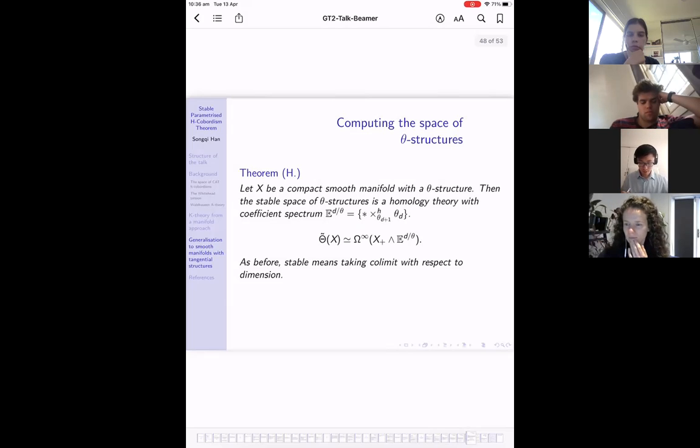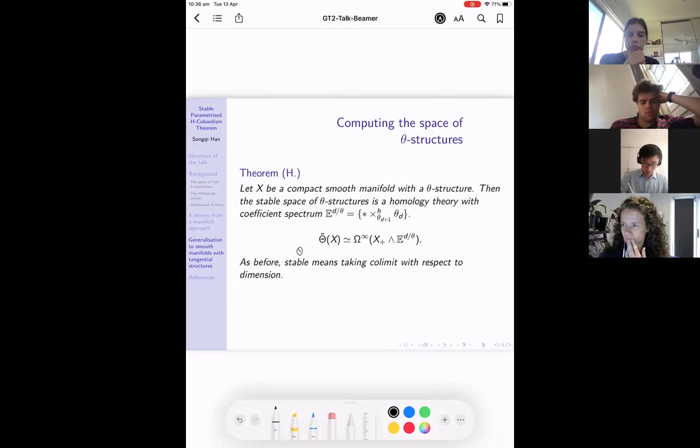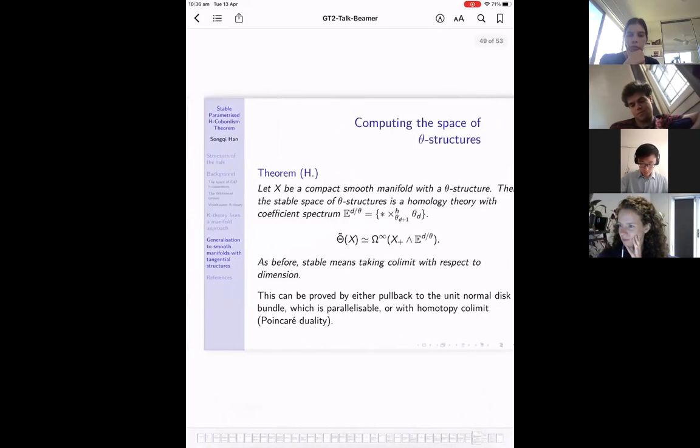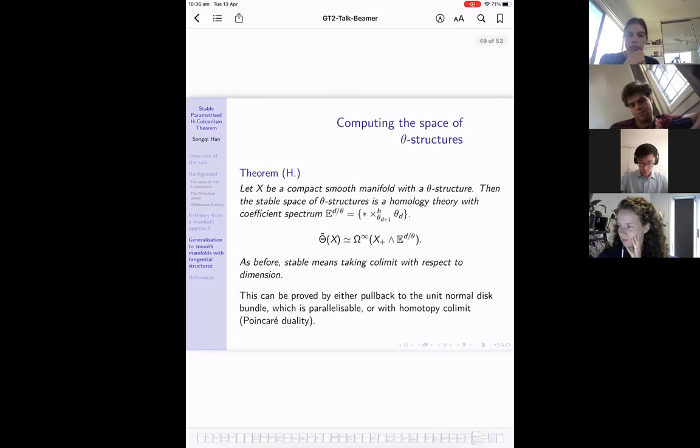As before, stable means taking the colimit with respect to dimension, which is usually theta of X to theta of X times R, and going on. And this statement can be proved either, similarly to the topological case, by pulling back to the unit normal disk bundle, which then becomes parallelizable.